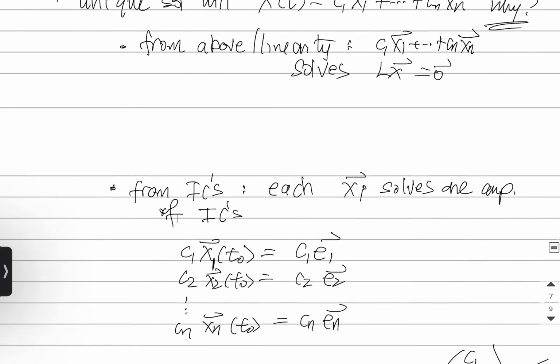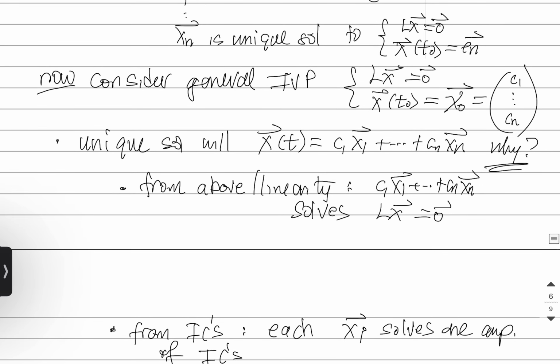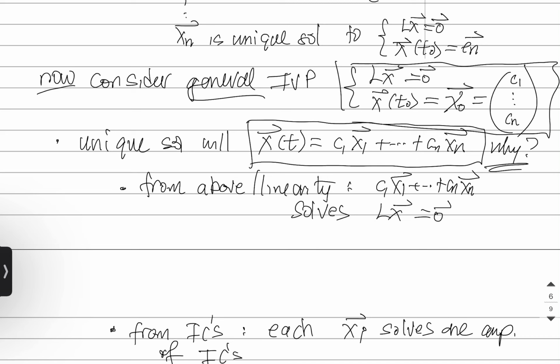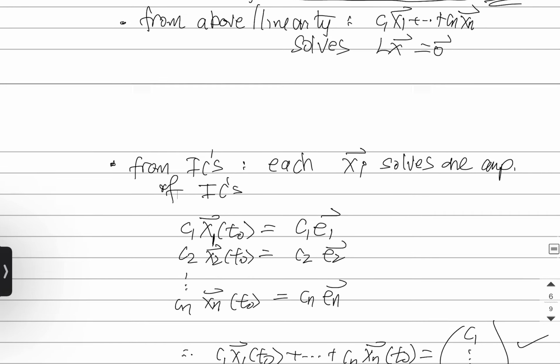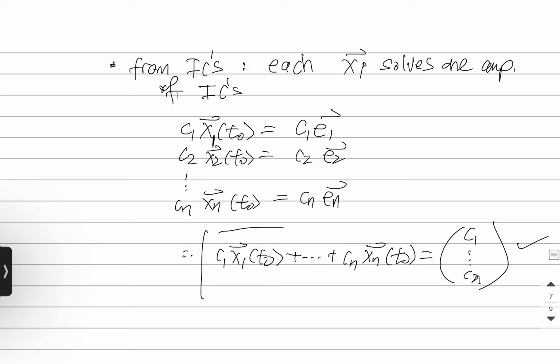So let's recap. If I give you a general initial value problem, the uniqueness theorem tells me there has to be one and only one answer. I know that this combination will satisfy the differential equation, and by the argument above, this specific combination will also satisfy the initial conditions.